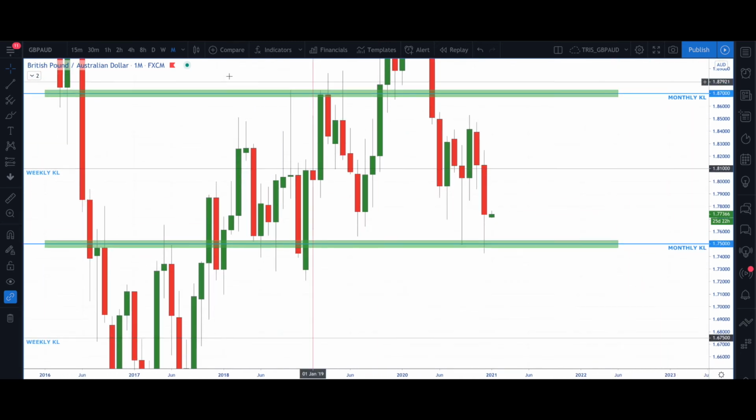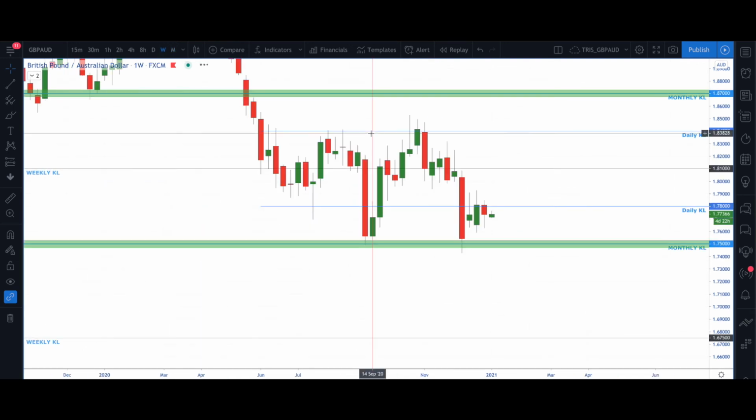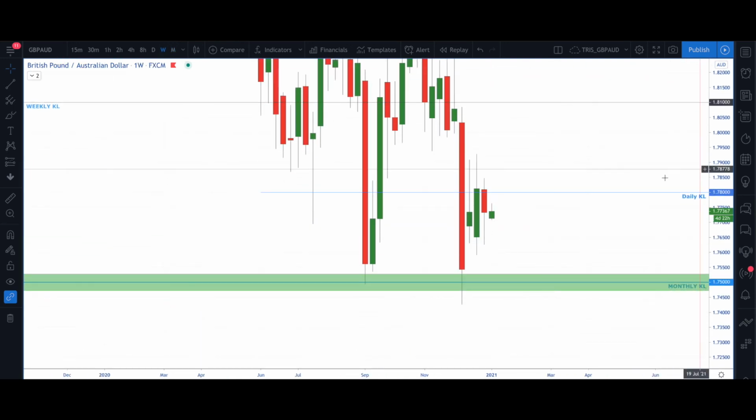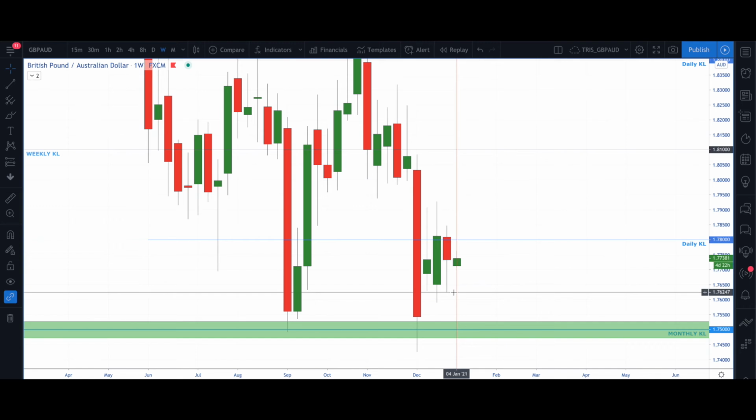So if we go down further now to the weekly chart, we have slowed down even further. Looking at this range here, last week the high was around 178.50, and the low was at 176. We are within this very tight range here.